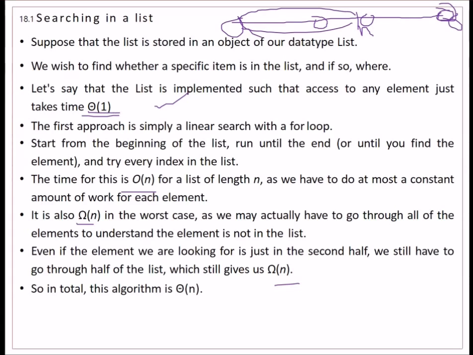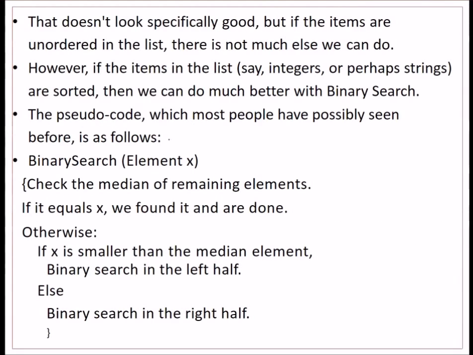We started with theta 1, and then omega n, because even after finding that the element is not there, we have gone through omega of n. This is not seemingly very good, but if the items are unordered, not in any sorted order, we cannot do anything. There is not much else we can do.